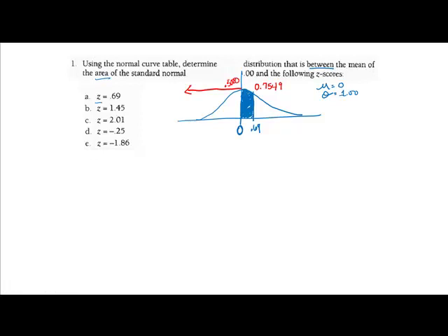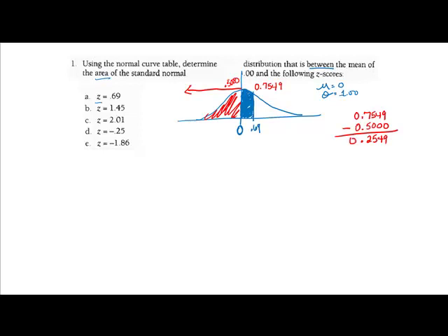Looking at the z-table, a z of 0.00 has an area under the curve to the left of 0.5. So if I need to find the area that is between these two, I'm going to take 0.7549 and subtract this area here, which is 0.5000, and I'm hopefully going to get 0.2549.